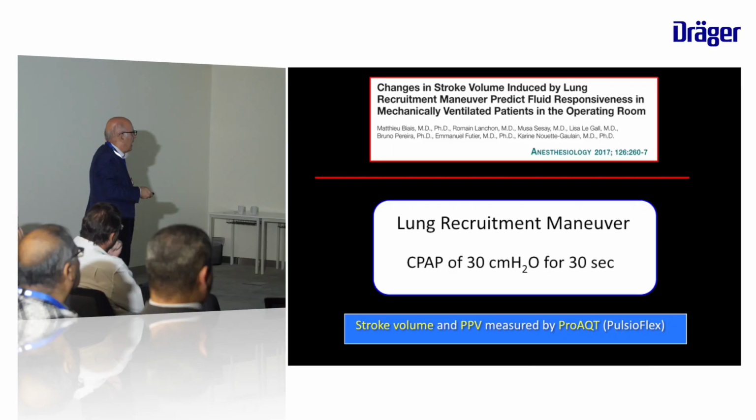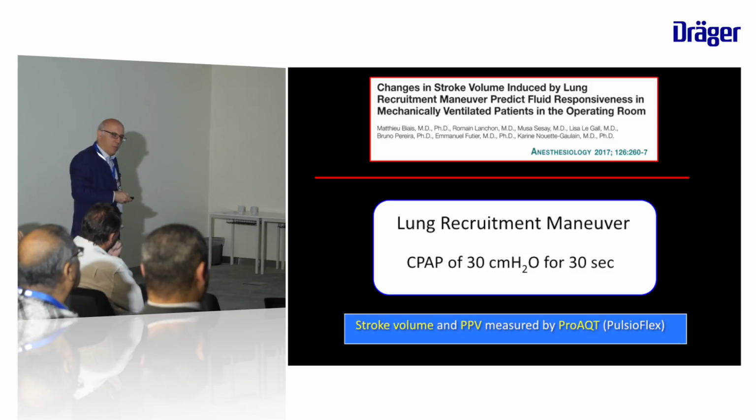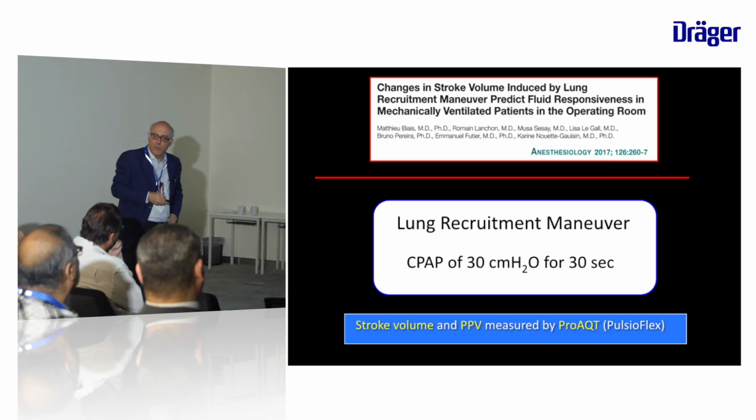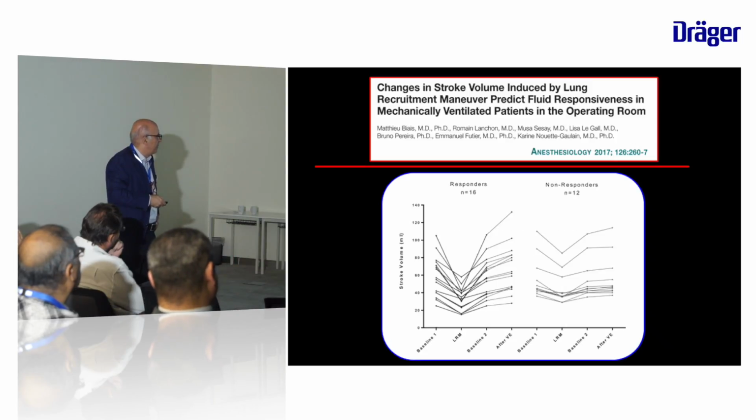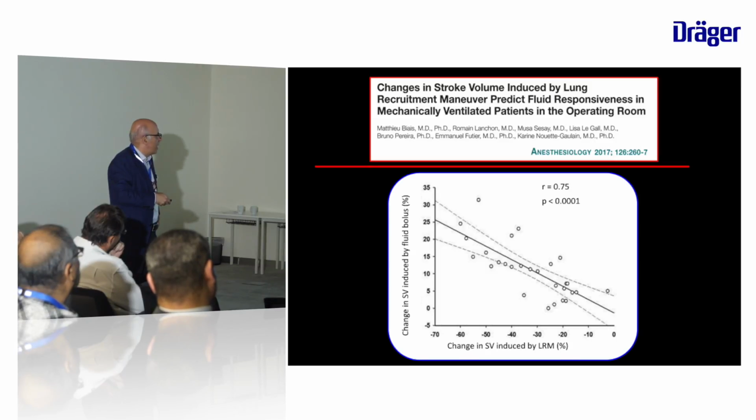Okay. The other point is that they also did it with a recruitment maneuver, for example, during anesthesia with the CPAP. And you see here that during recruitment there was a change in the stroke volume, and in non-responders the change was much less.